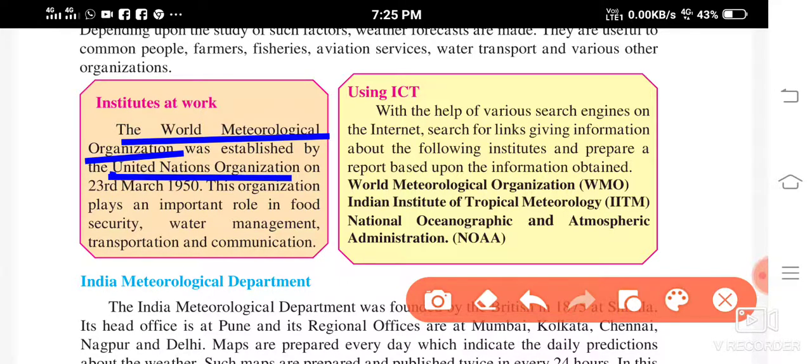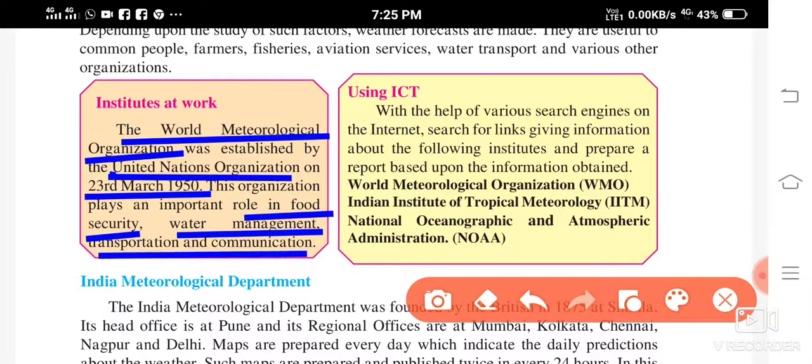By UNO, that is United Nations Organization, on 23rd March 1950. This organization plays an important role in food security, water management, transportation and communication.